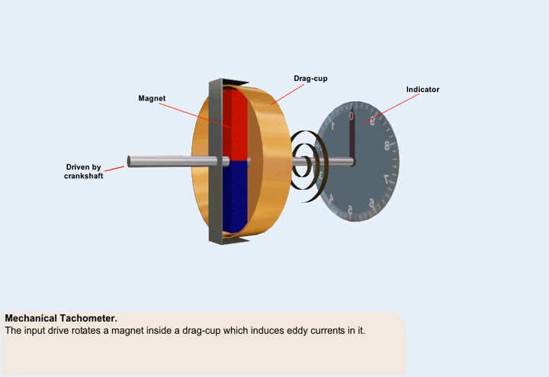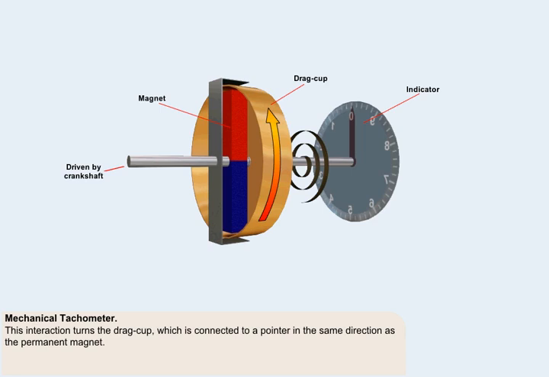Eddy currents are caused by the magnetic field of the moving magnet acting on the electrons of any metal in the vicinity of the magnet. The eddy currents themselves generate a magnetic field which interacts with the magnetic field of the magnet. This interaction causes a torque or turning moment, which is established to turn the drag cup in the same direction as the permanent magnet.